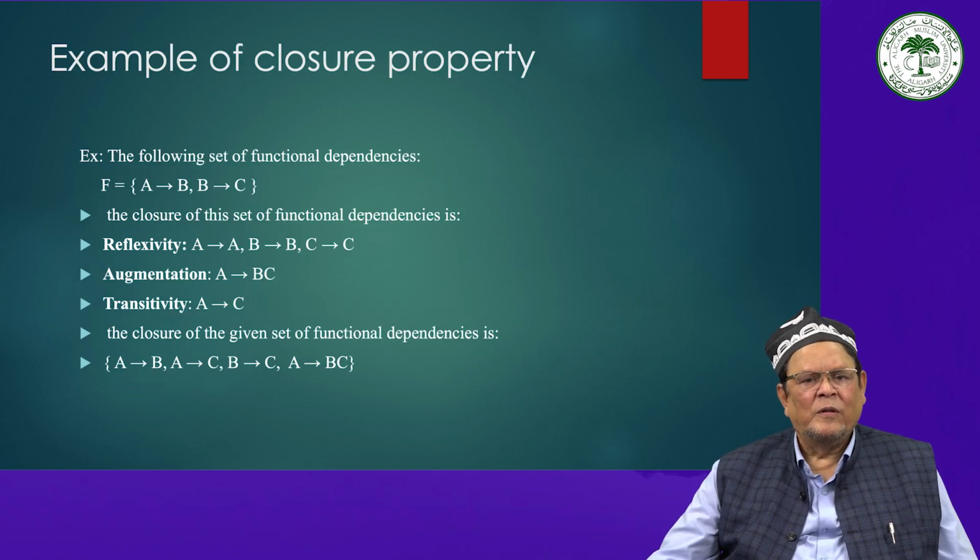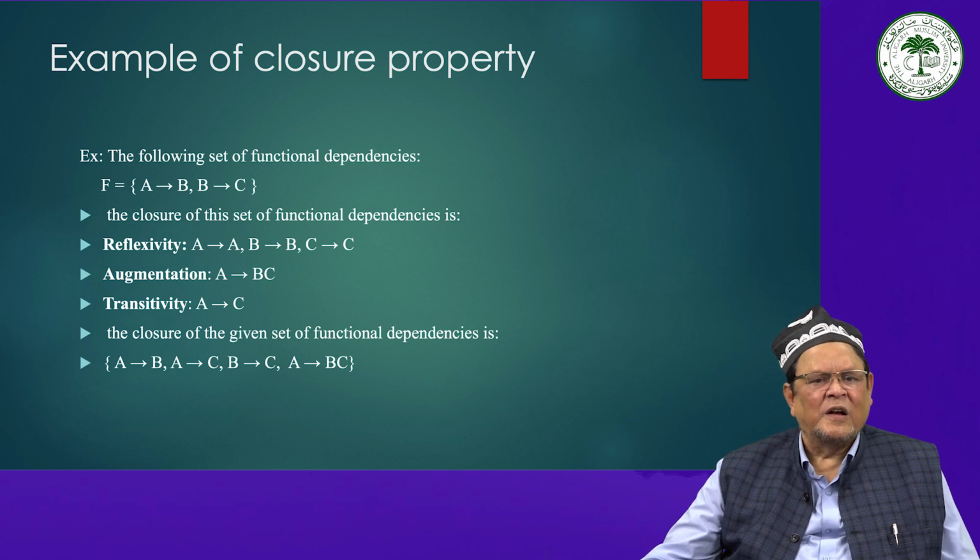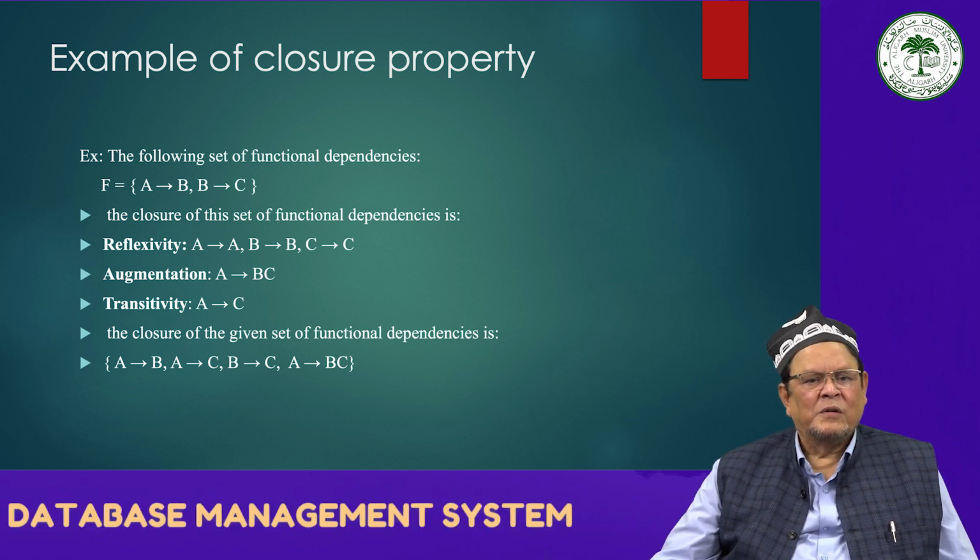For example, consider the following set of functional dependencies: F = {A determines B, B determines C}. Answer. The closure of these functional dependencies is computed as follows. First, reflexivity. We start by adding reflexive dependencies: A determines A, B determines B, C determines C. Second, augmentation.